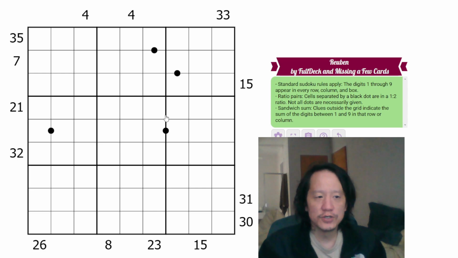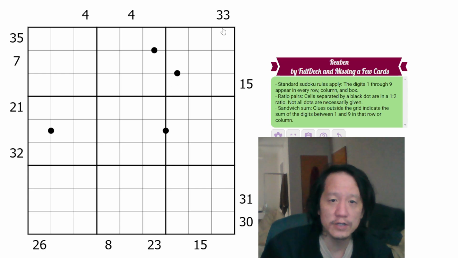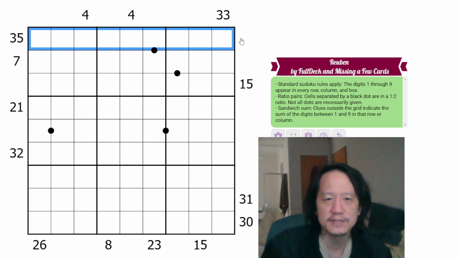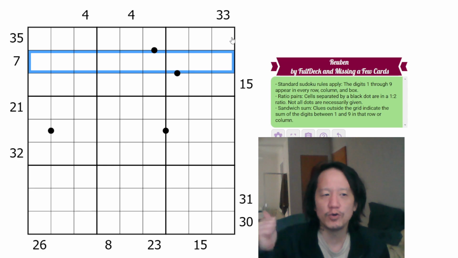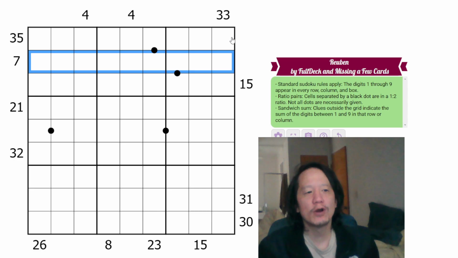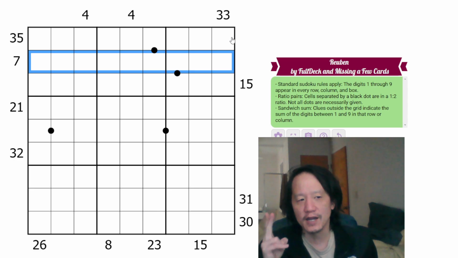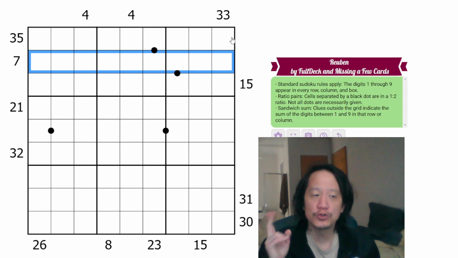Okay, so here's a quick thing: we know that each row adds up to 45, because if you add the digits 1 through 9 together, it adds up to 45. What happens if you take out 1 and 9? The remaining digits must add up to 45 minus 1 minus 9, which is 10, which equals 35.